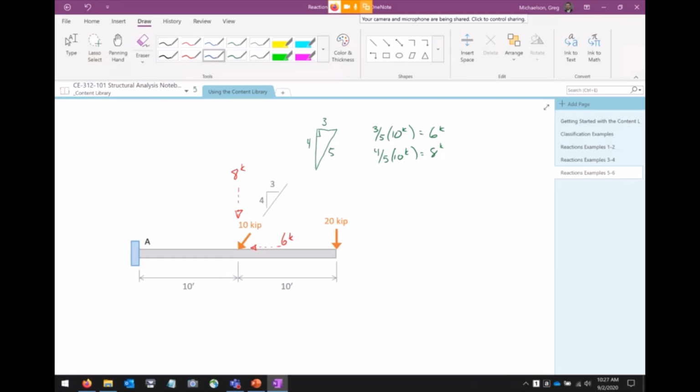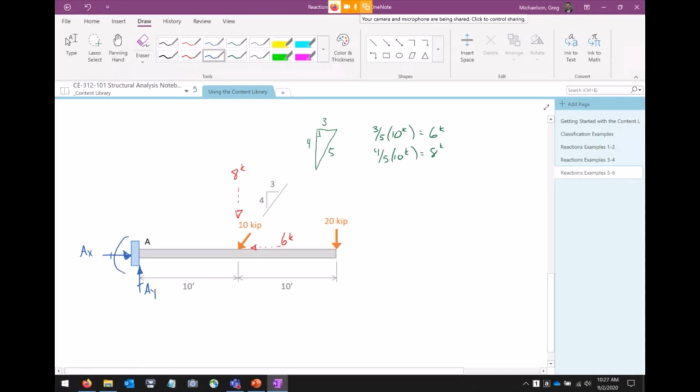I do need to indicate my reactions over here at A. Now again, A is a fixed support, so I'm going to have a vertical reaction. We'll draw that upwards and call that AY. I am going to have a horizontal reaction. We'll do that, let's say to the right, and call that AX. And then we are going to have a moment reaction. Now, again, you can assume any direction.